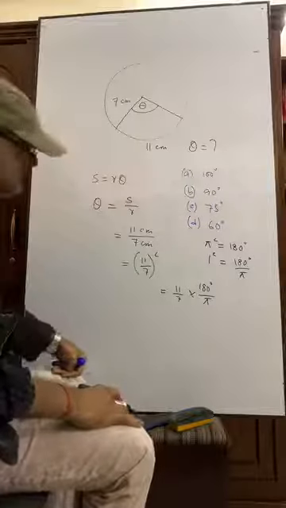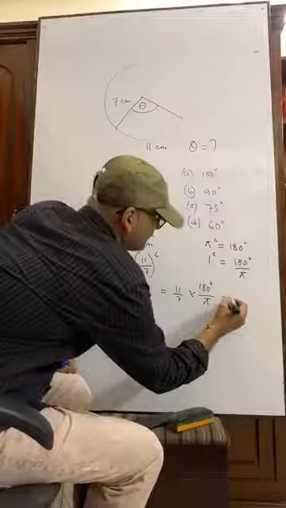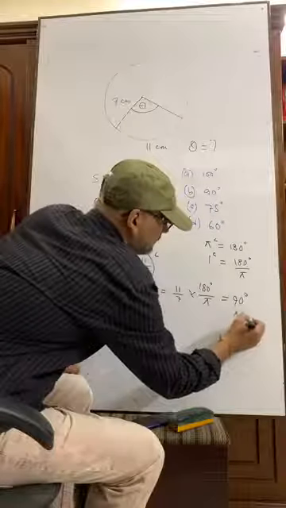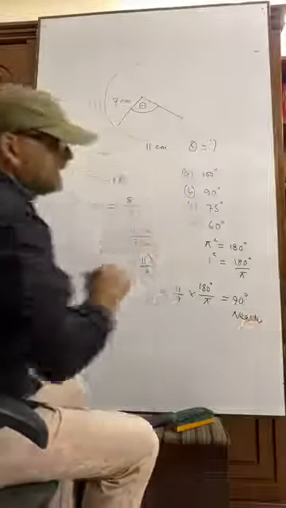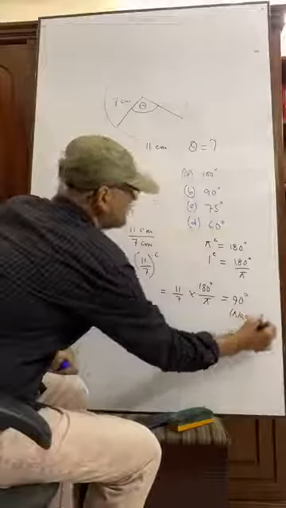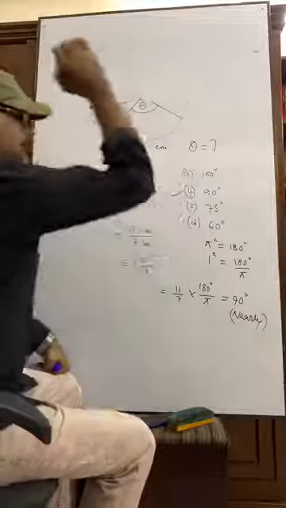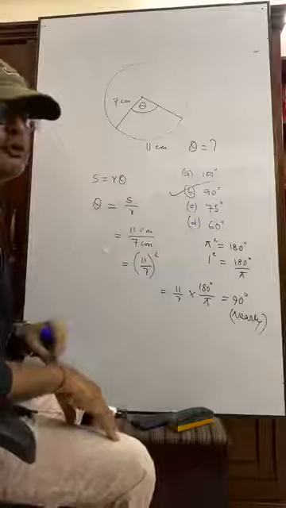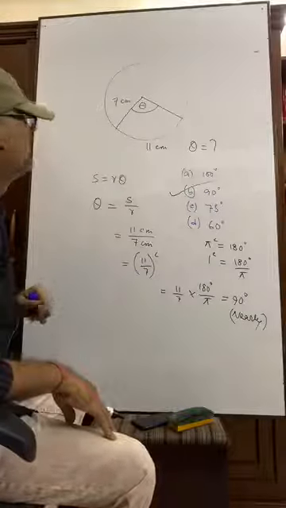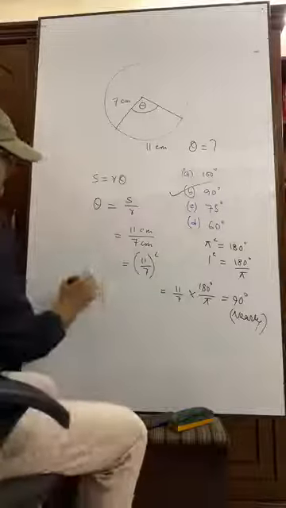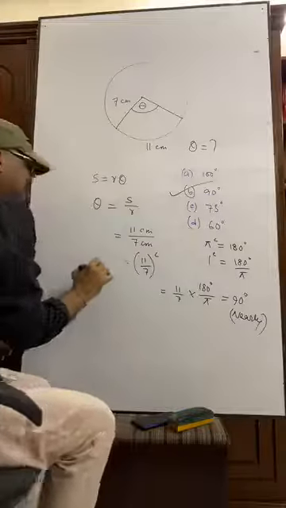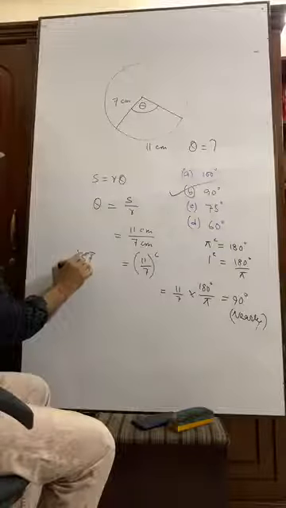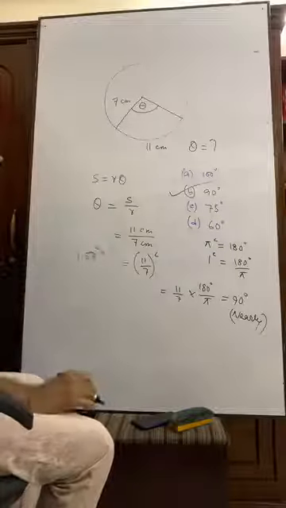Now can you calculate? It is 90 degree, nearly. Very near to be 90 degree. So our answer is 90 degree. And if it is told to express in radians, our answer should be approximately 1.57 radian.